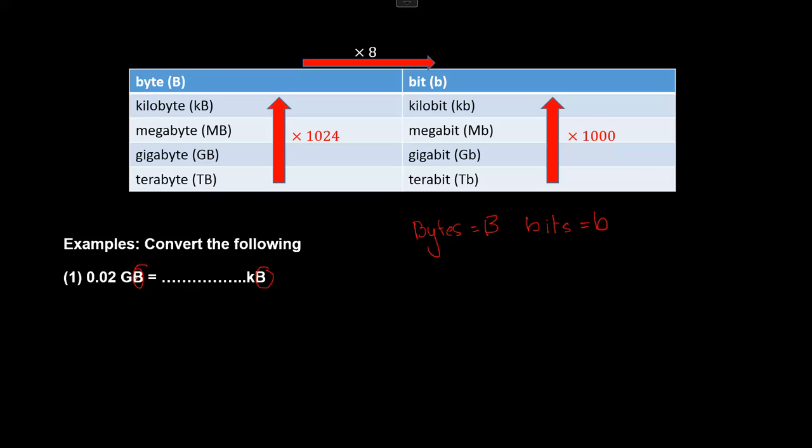If we want to convert from gigabytes to kilobytes, well, we look at the table and we see we have to go up once, twice. So all I have to do is start with 0.02 and multiply it by 1024, and then by 1024 again, and that gives us an answer of 20,971.52, and so we've now converted it into kilobytes.